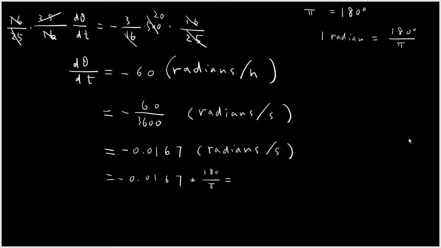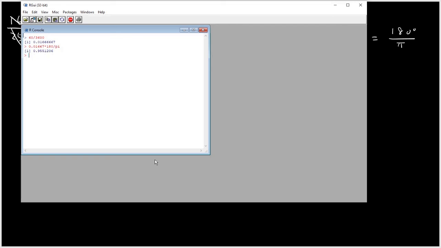Using your calculator, you can see this number times 180 over pi is equal to negative 0.9568.